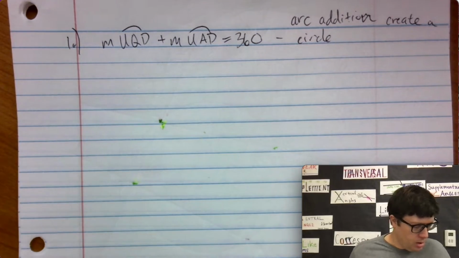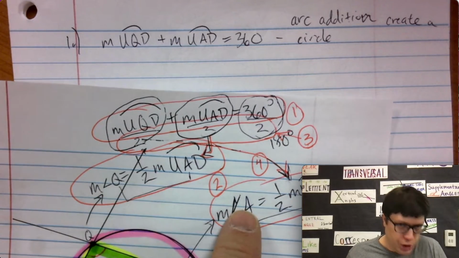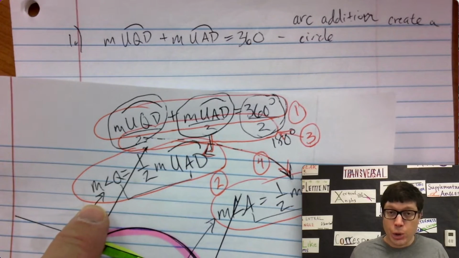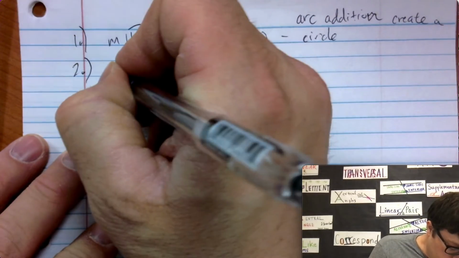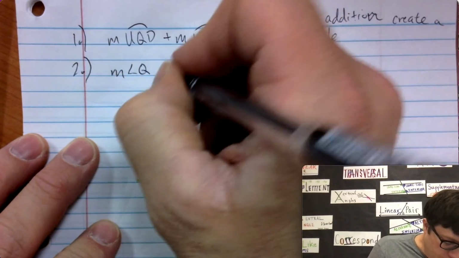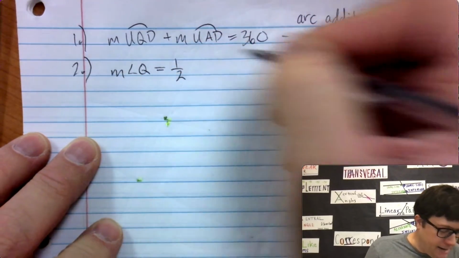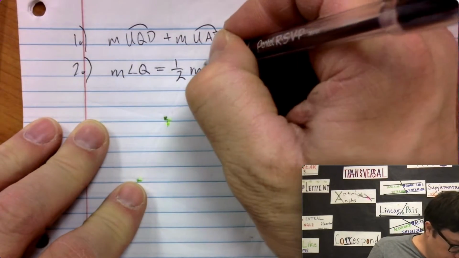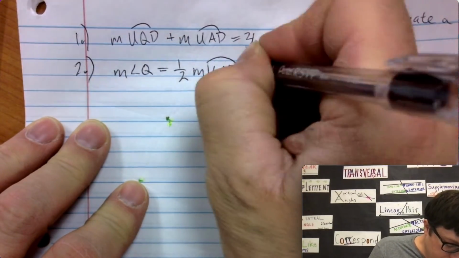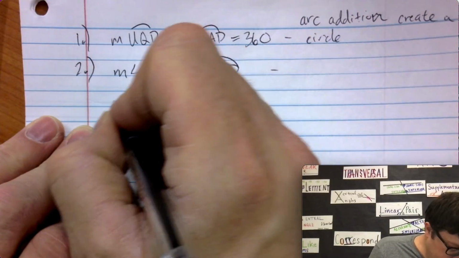Okay, so then stepping up here, number 2. Number 2 I'm going to say is that angle Q, the inscribed angle, is going to be equal to half of the measure of the intercepted arc, so UAD. And the other one, I can see them both at the same time.